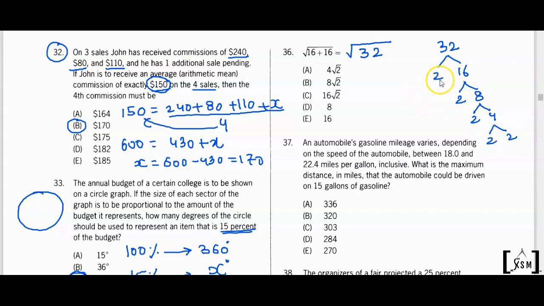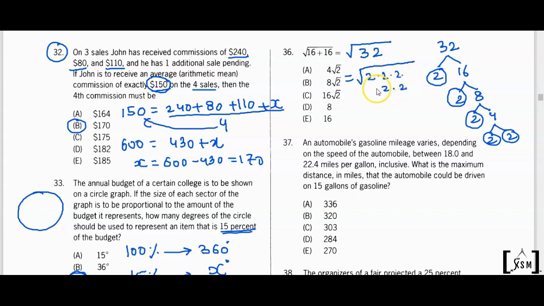So basically we are looking for the factors of 32, which are 2, 2, 2, 2, 2. So square root of 2 times 2 times 2 times 2 times 2.